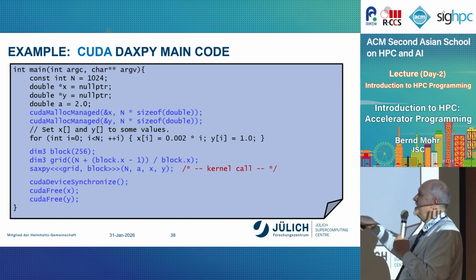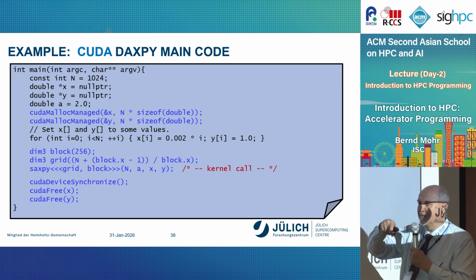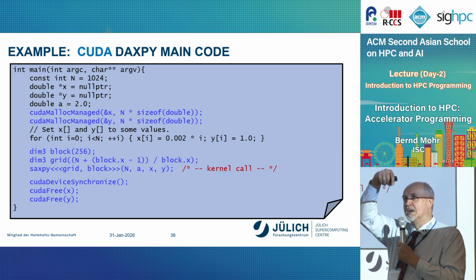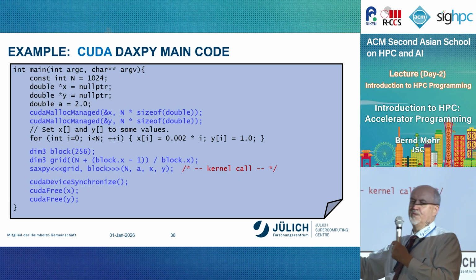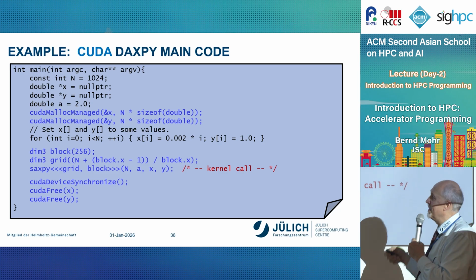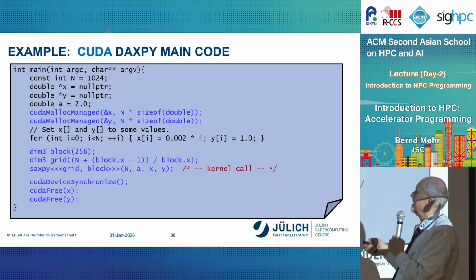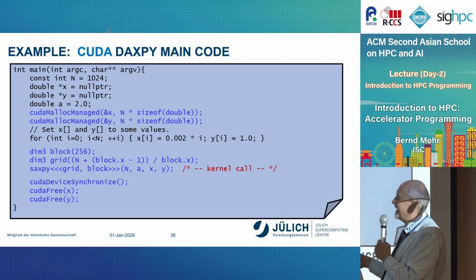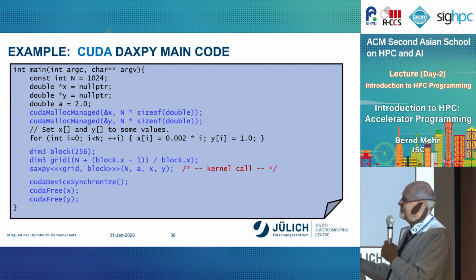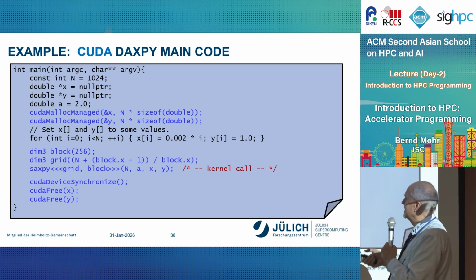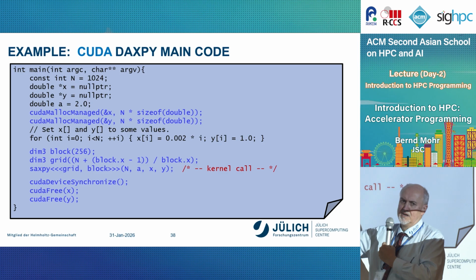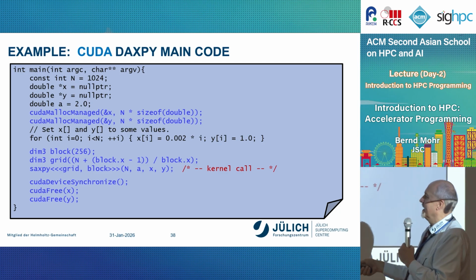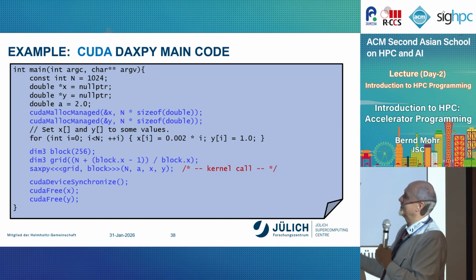If you have an older version, you even have additional calls to copy the data from your CPU onto the memory of the GPU with a CUDA copy. Then you initialize it, and then you set up these block sizes, and then you call your SAXPY operation on these block sizes, and this is actually the call onto the GPU. And then you synchronize and free the data.